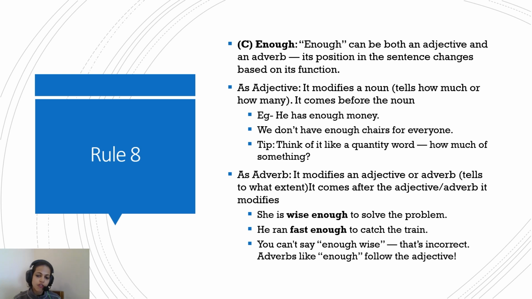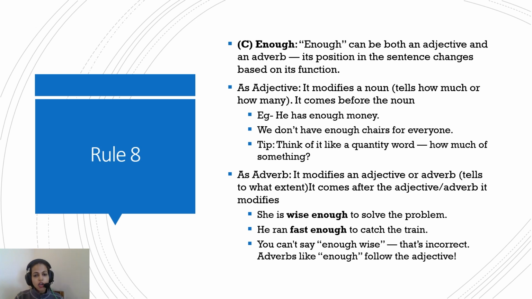She is wise enough to solve the problem, or he ran fast enough to catch the train. To what extent was he fast, or to what extent is she wise? As an adverb, it is used in this sense: to what extent. So, it is used after the adjective or adverb.